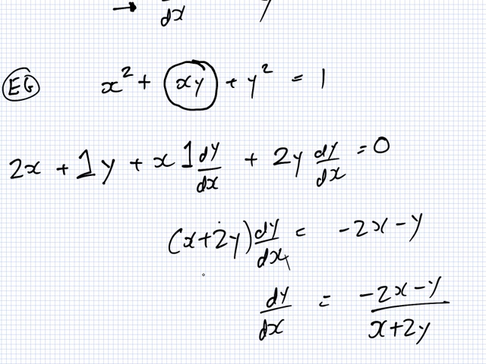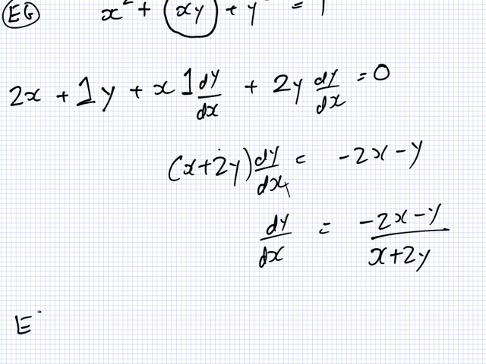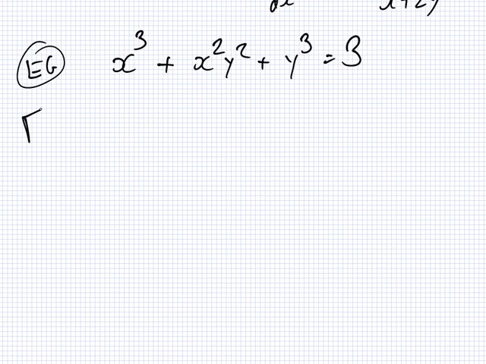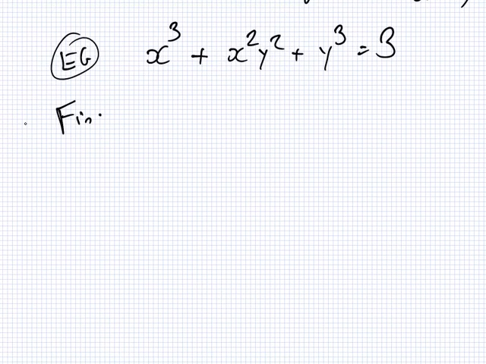Okay. Can I give you one now to try? X cubed plus x squared y squared plus y cubed equals 3. And my question is, we'll do multi-parts. Part A: find dy over dx.